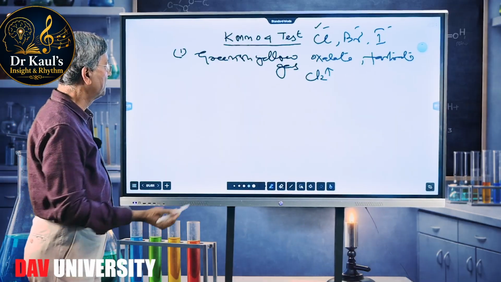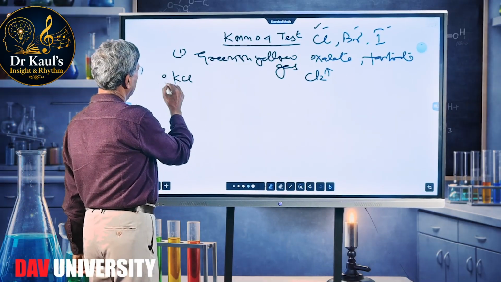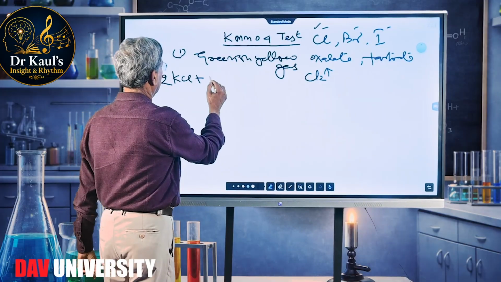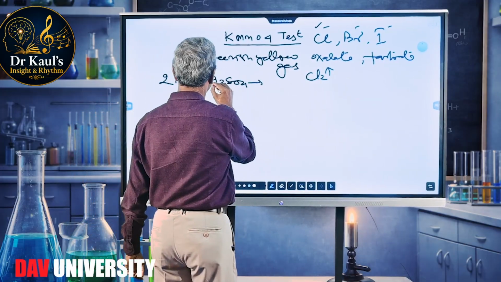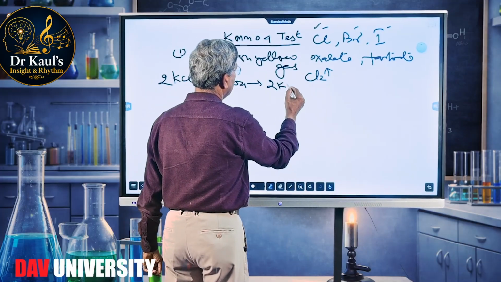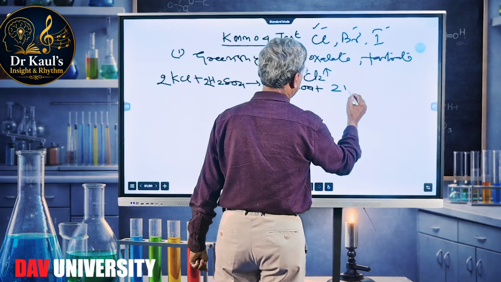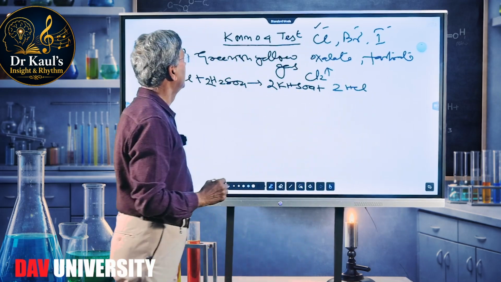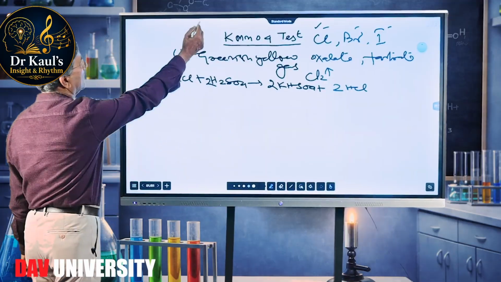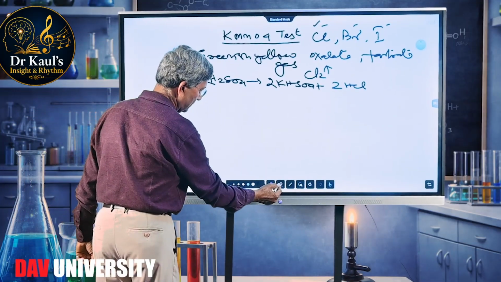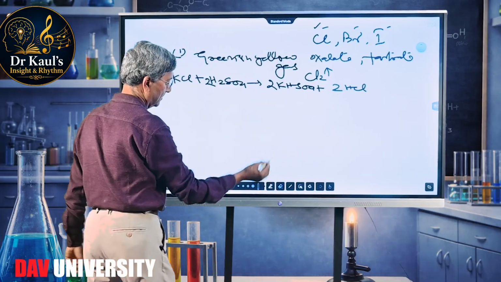What is the chemistry behind this? Suppose we have KCl. KCl on reaction with H2SO4 will give us 2 KHSO4 plus, of course, 2 HCl. Now I would like to write the basic equation here so that we are not required to write it again and again.